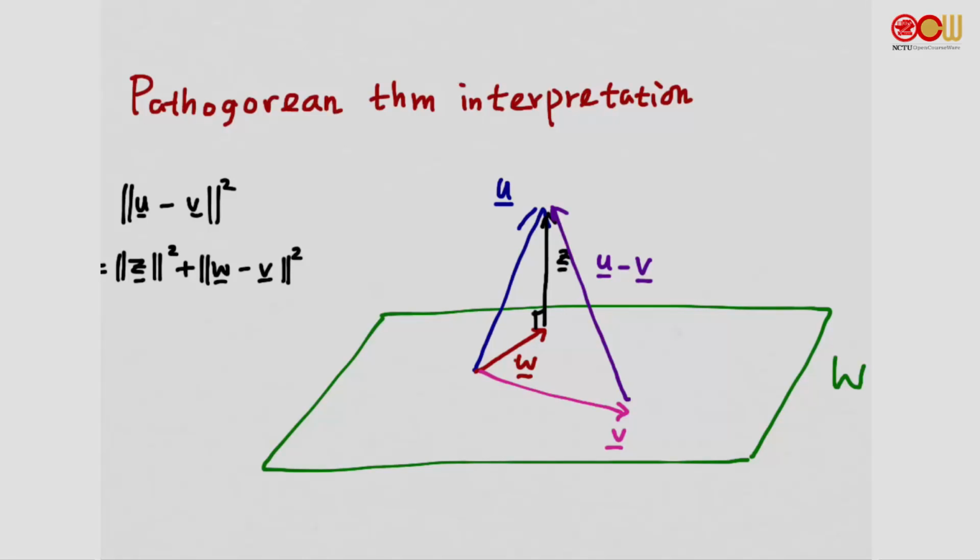And the distance squared is equal to the length squared of z plus the distance between w and v squared. This z would also be orthogonal to the difference vector w minus v.